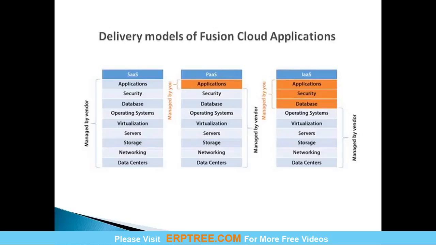Multi-tenancy means you'll be using different instances, so each customer has his own instance for all layers of the application architecture. So which option does Oracle provide in this case?